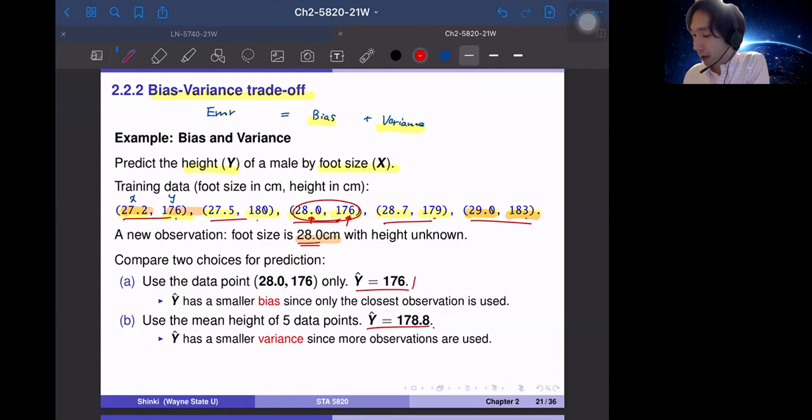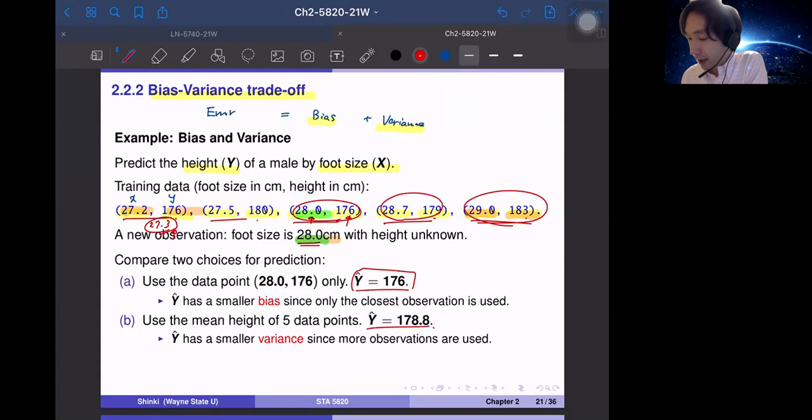For the first one, since we exactly match the height, we have smaller bias, right? Especially maybe 28, this is not the best example, but if the new observation has a foot size of 27.3 centimeters, probably it's not reasonable to use this observation to guess the height of this new person.